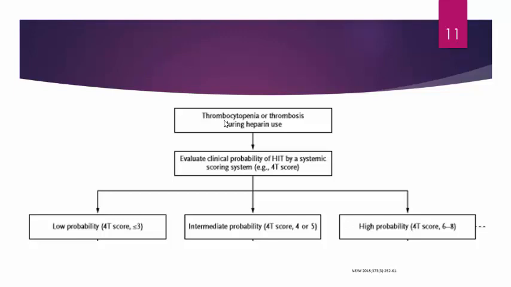So say if your patient's platelet count was 400,000, and then it dropped to 200,000 in the course of 5 to 10 days, that may also be defined as thrombocytopenia, as you've had a profound drop. So if you have either of these 2 things occur with a patient on heparin, then in that case you will evaluate the 4T score and then break it down further by what the score actually is, as we just discussed.